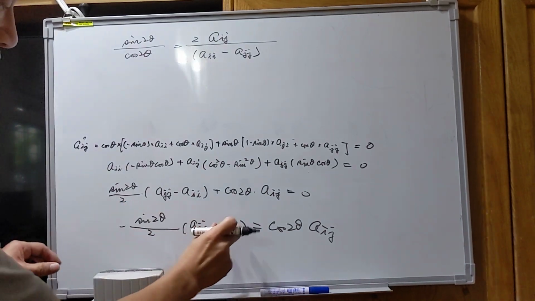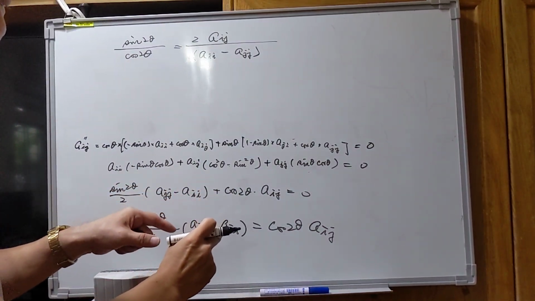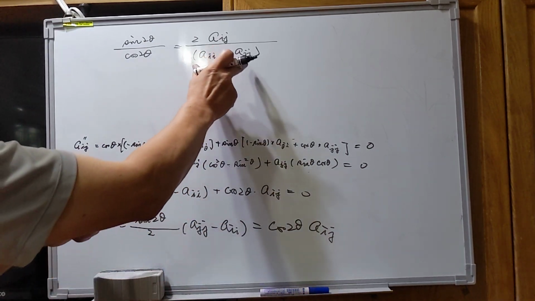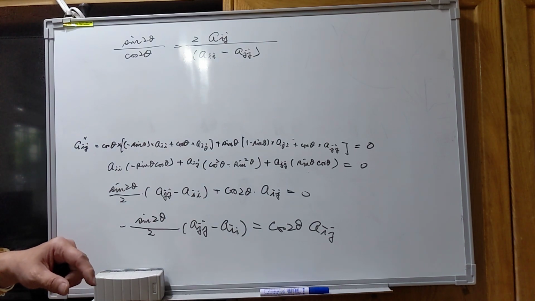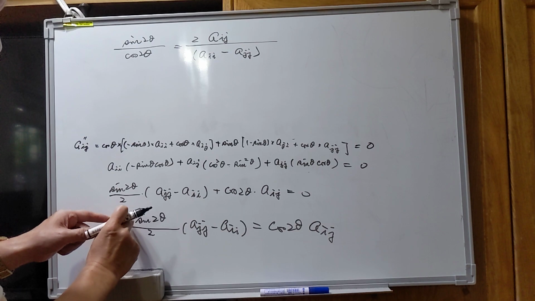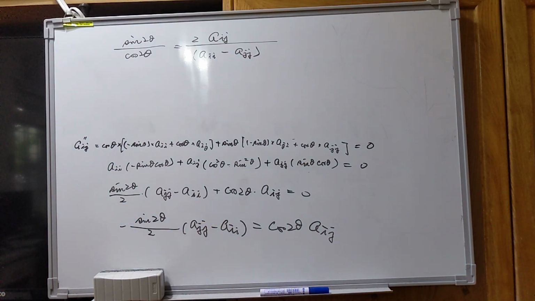Okay, I will use the negative sign to change the two terms in the parentheses. So you will see A_ii minus A_jj, which is negative (A_jj minus A_ii).